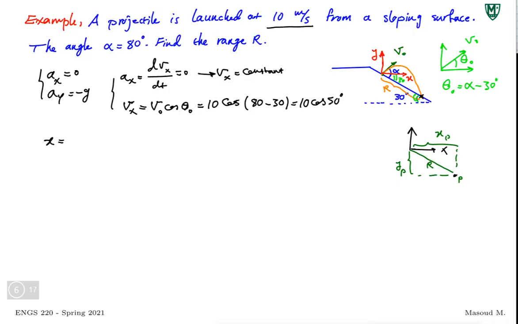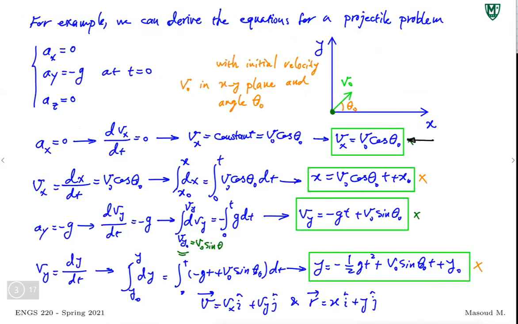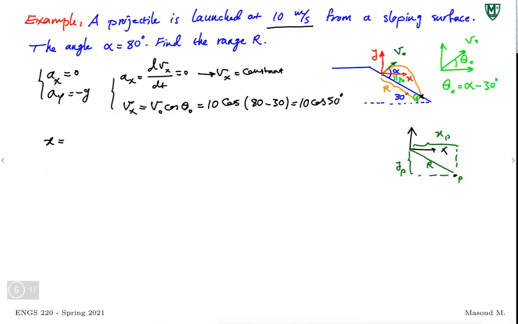X is equal to, again, the equation we have for X. Nothing new. If you go back right here, X is V naught cosine theta naught T plus X naught. So I'll just plug that here. Now the components, V naught, we already know. V naught is 10. Cosine theta naught, I talked about theta naught right there, so it's still 50, cosine 50.